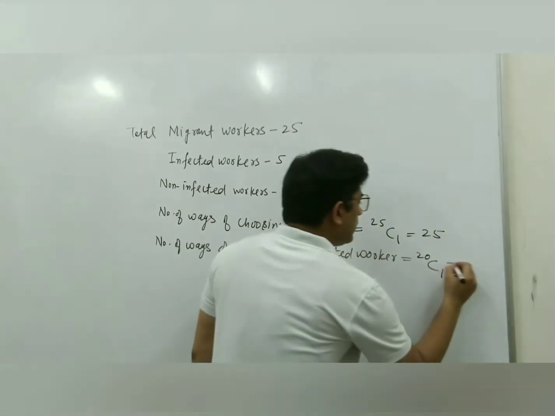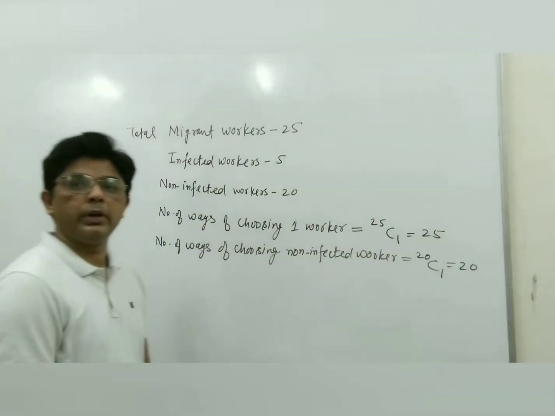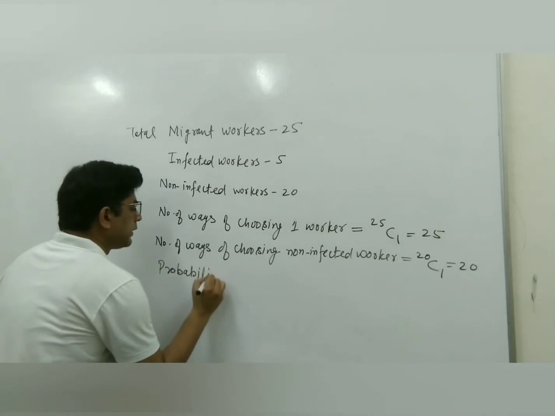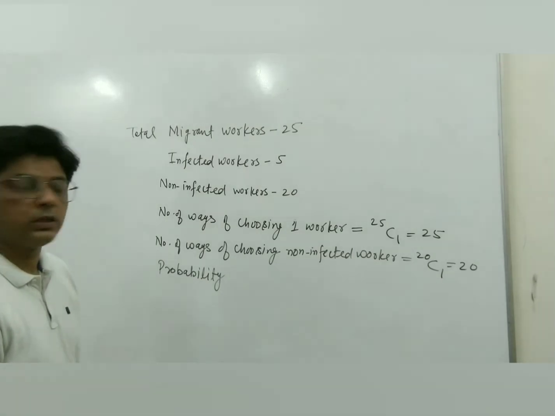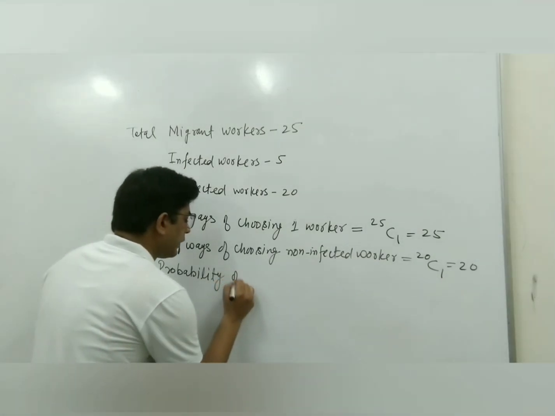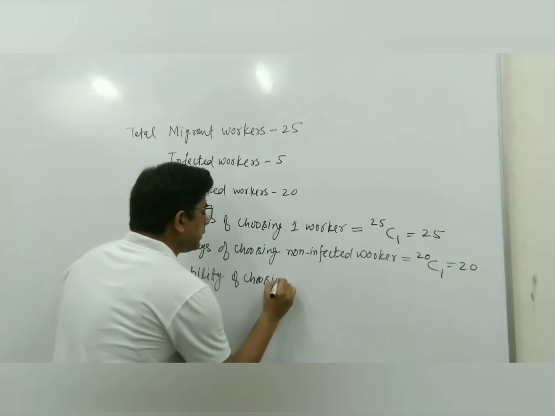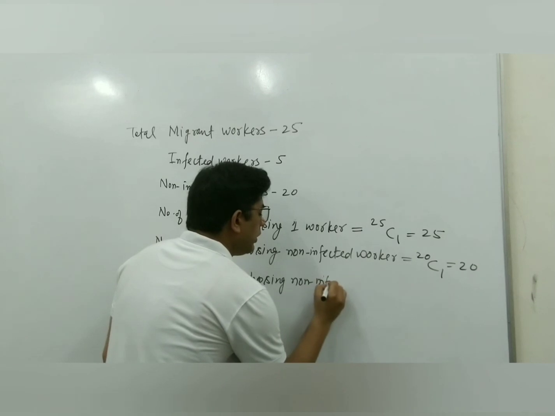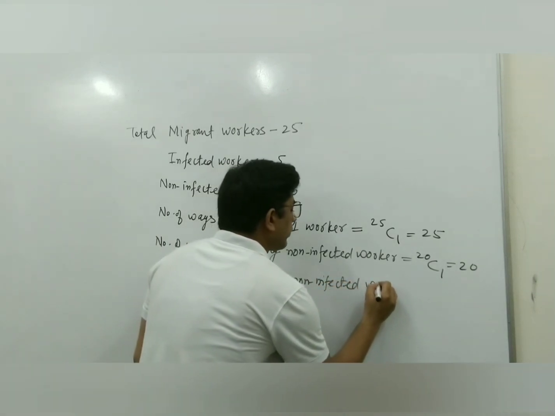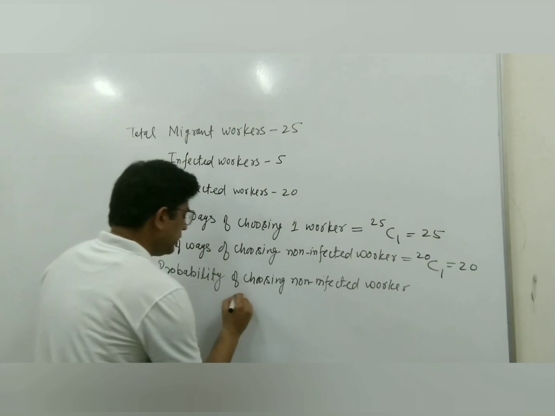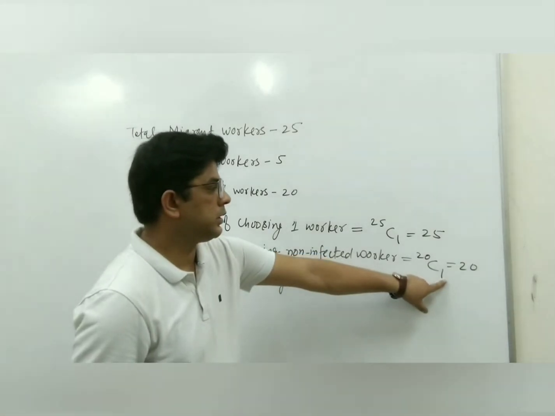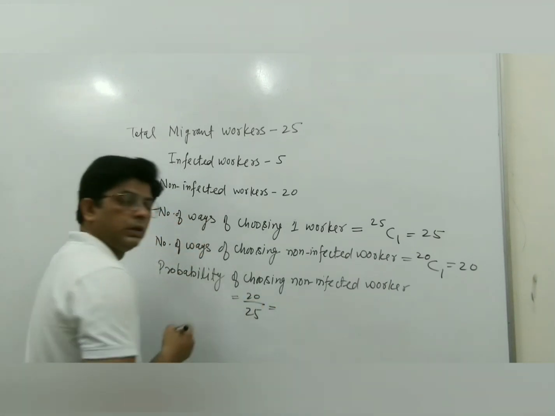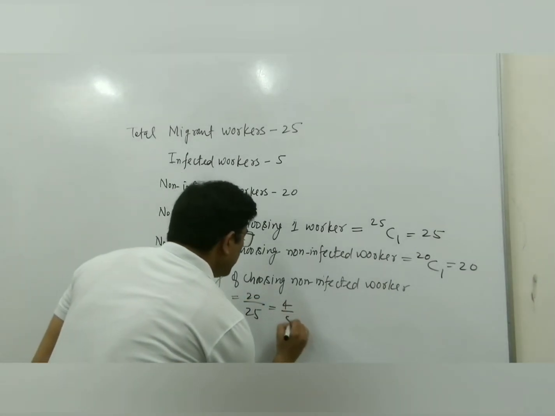So that is equal to 20. So the probability of choosing a non-infected worker is 20C1 upon 25C1, that is 20 upon 25, which is equal to 4 by 5.